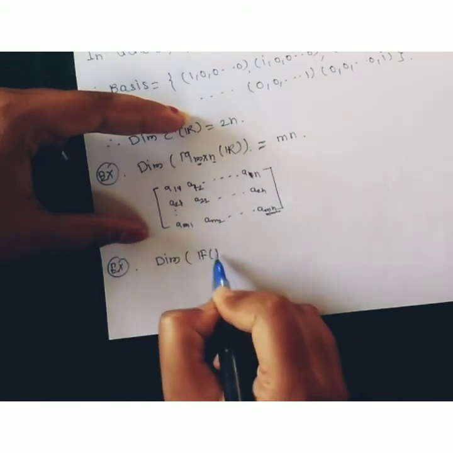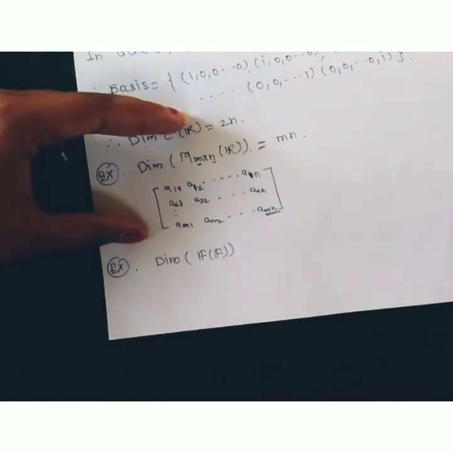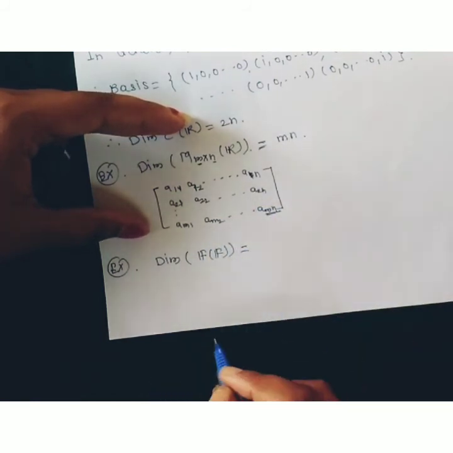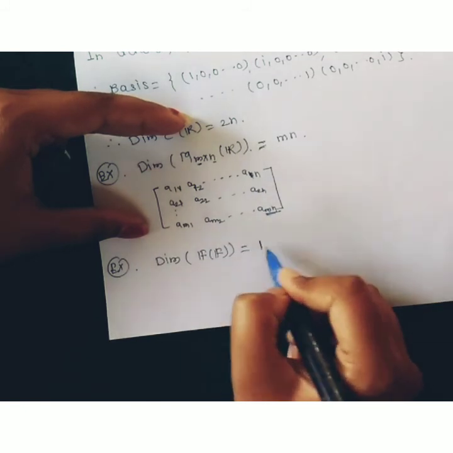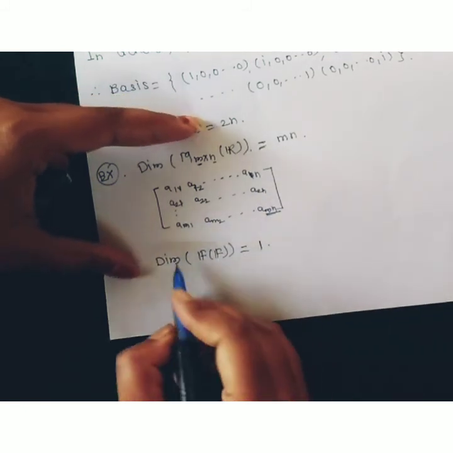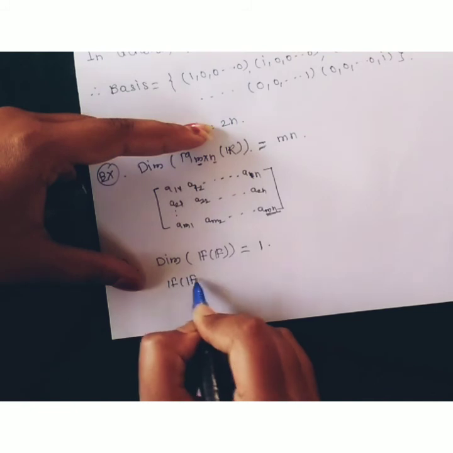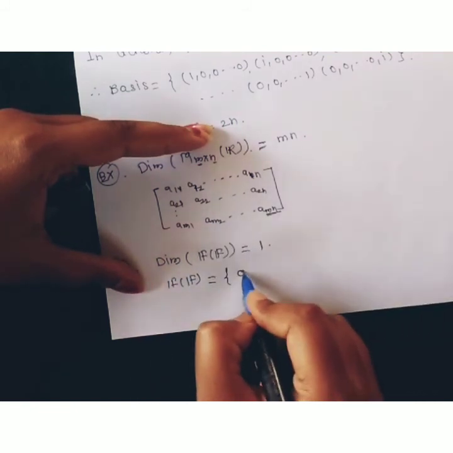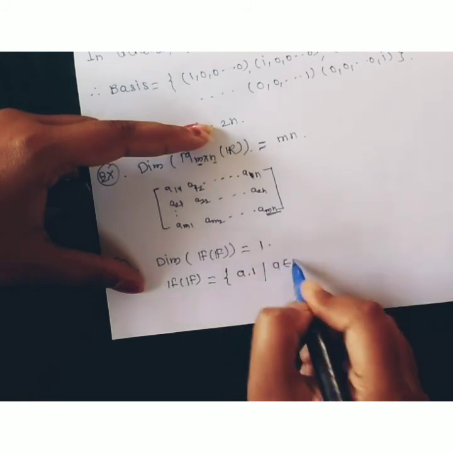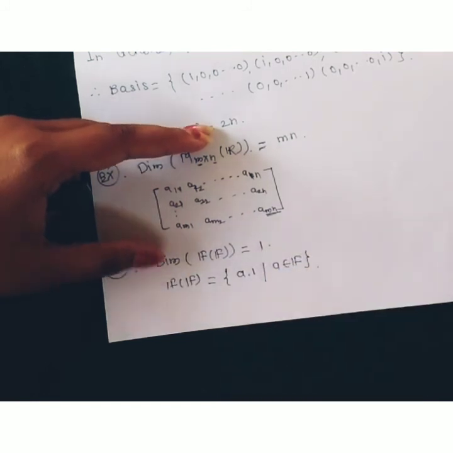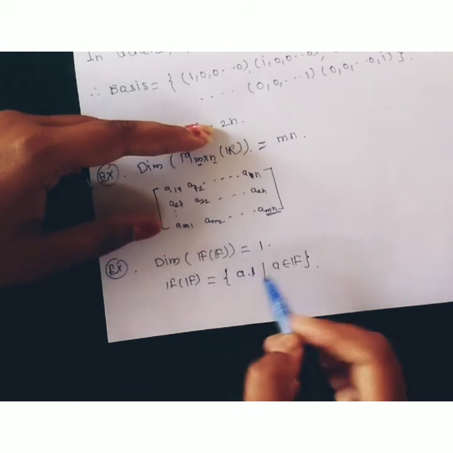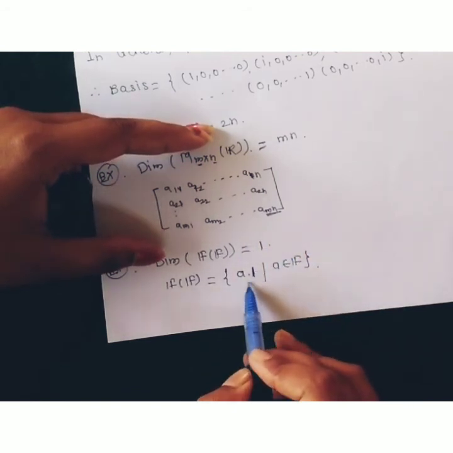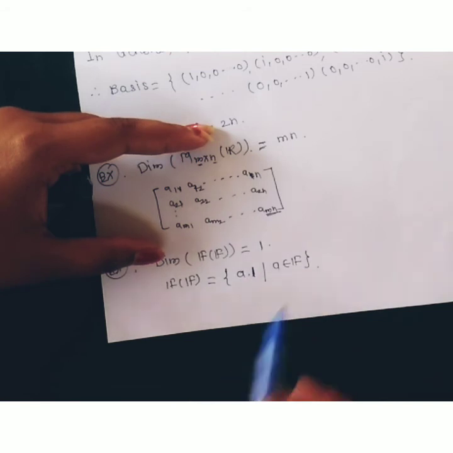Now, the dimension of the field F over F should be 1. Why is it 1? Because F over F is the set consisting of the elements a into 1, where a belongs to the field F. Therefore it is generated by the single element 1. If any element is multiplied by 1, it remains the element itself.